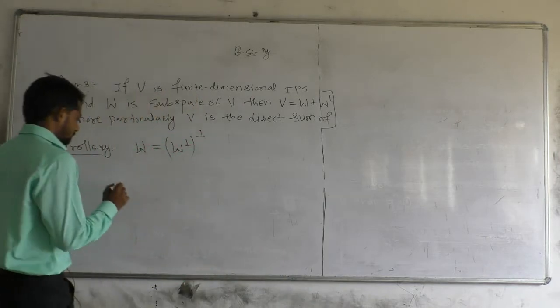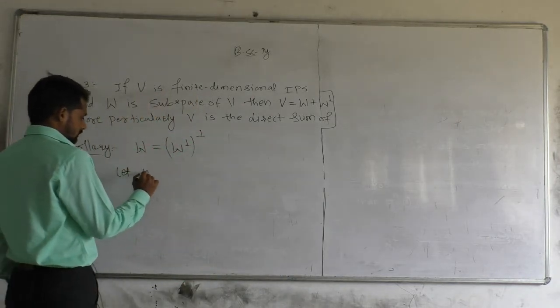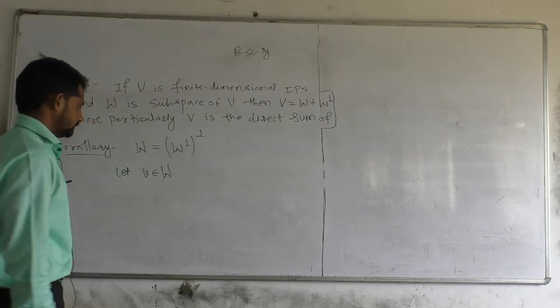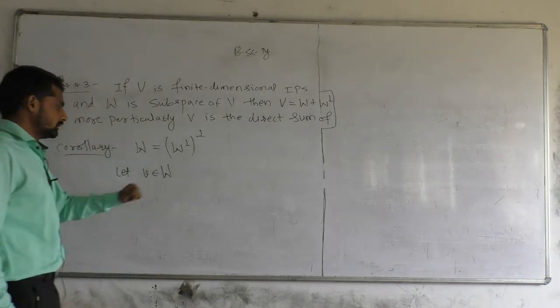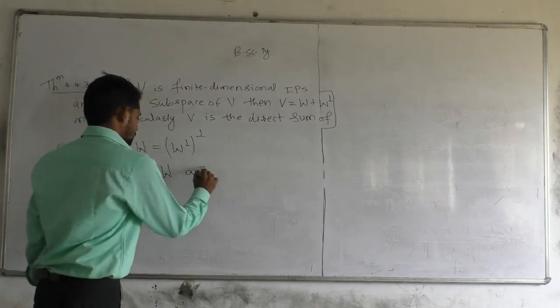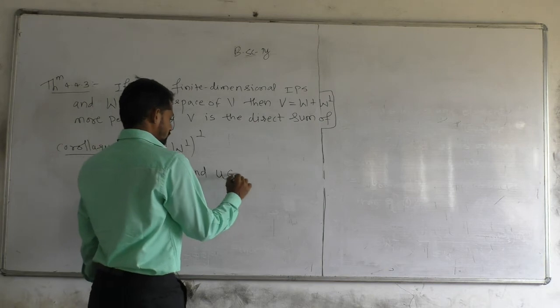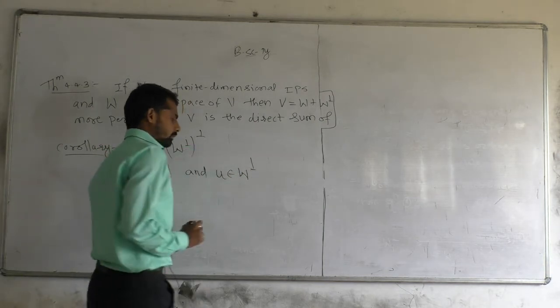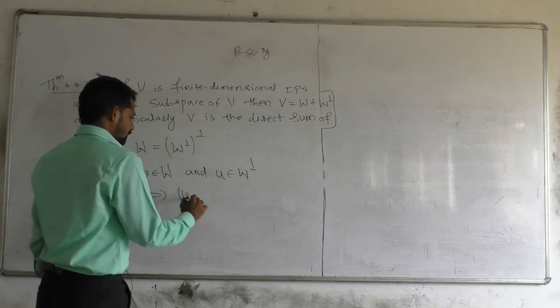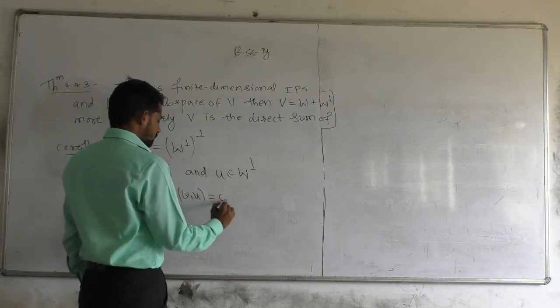Now let V belong to W, and U belong to the orthogonal complement of W. Then we can directly say that the inner product of V comma U is equal to 0.